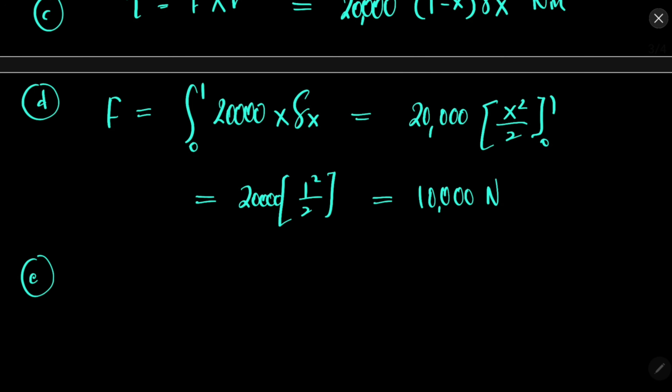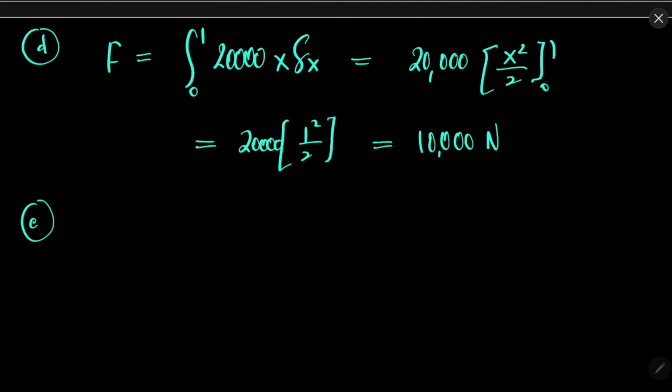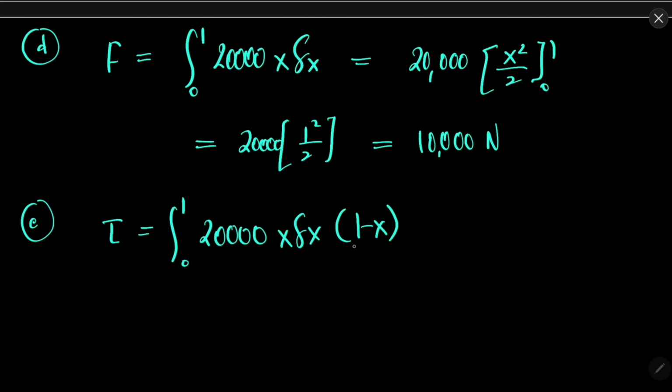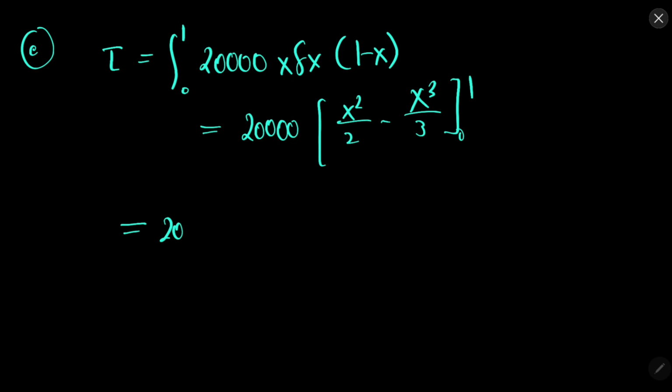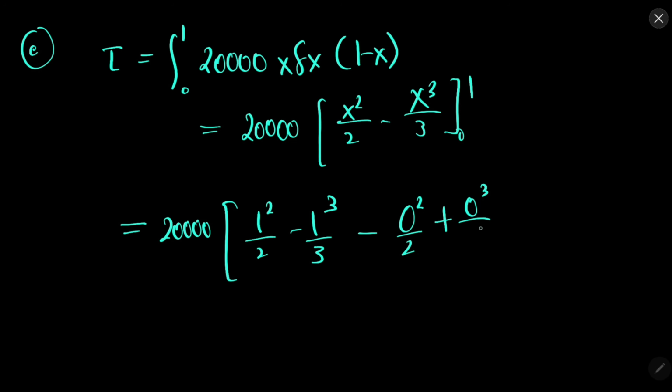In the last part, the torque by the water on the side can be found again using the force x delta x, 1 minus x, so it will give us 20,000 after integration x square by 2 minus x cube by 3 from 0 to 1. Once you put the limits, 20,000 into 1 square by 2 minus 1 cube by 3 minus 0 square by 2 plus 0 cube by 3.